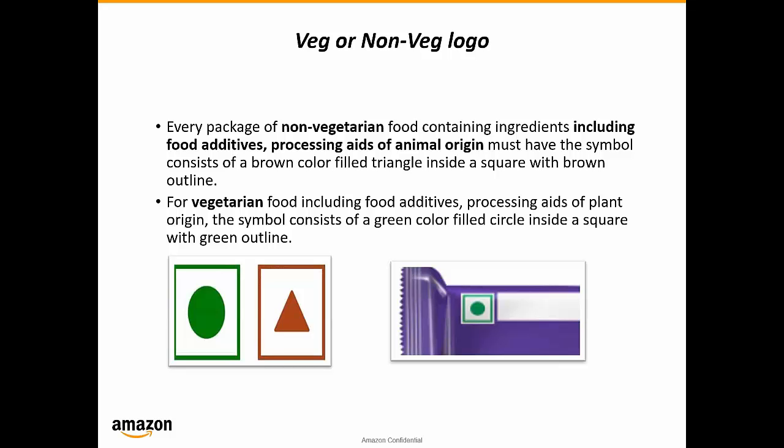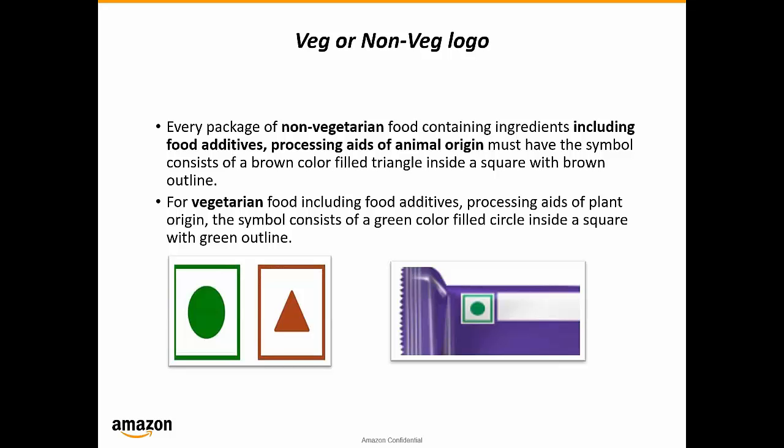Now, there are some products where there won't be a direct ingredient, but there can be an emulsifier or some additive used whose origin is animal, meaning that it's not plant origin, it is animal origin. Then also we should display this is non-veg in nature rather than displaying this is veg. Definitely, the ingredient directly will not tell that this is a non-veg product.